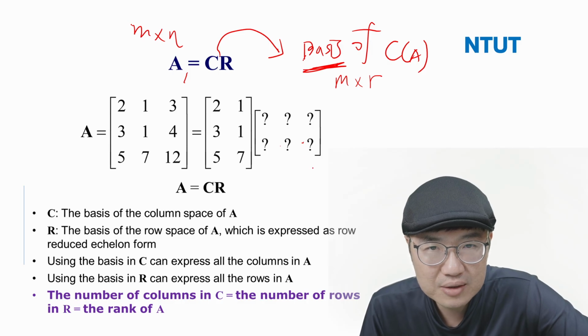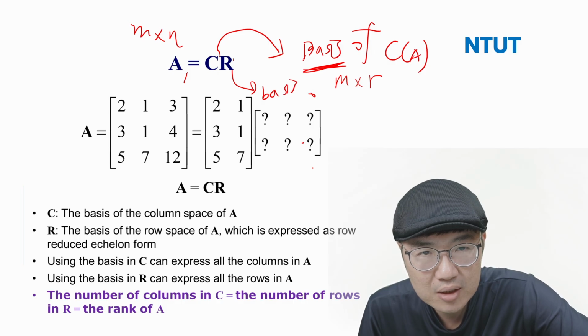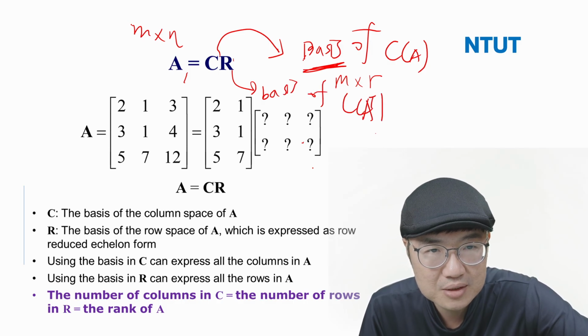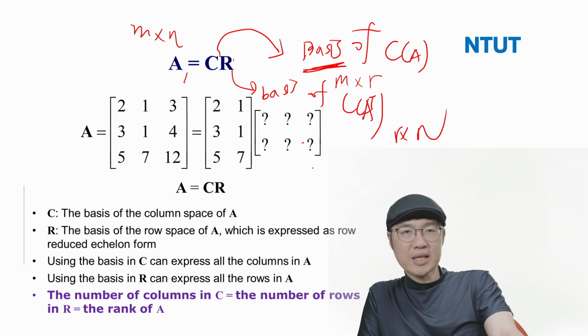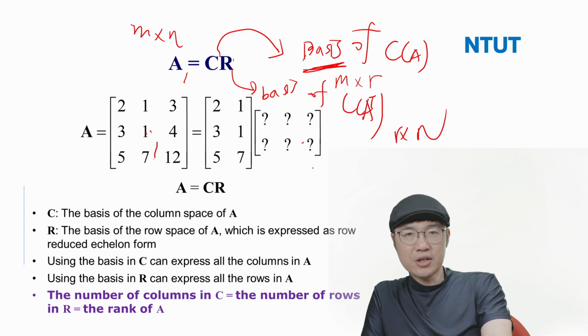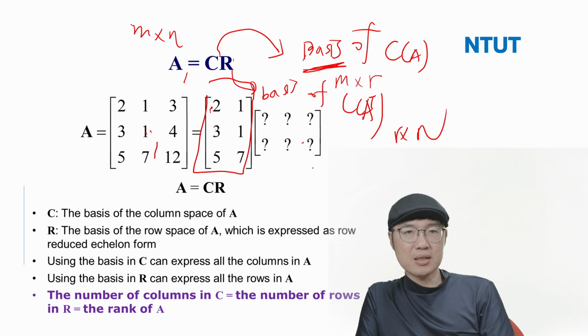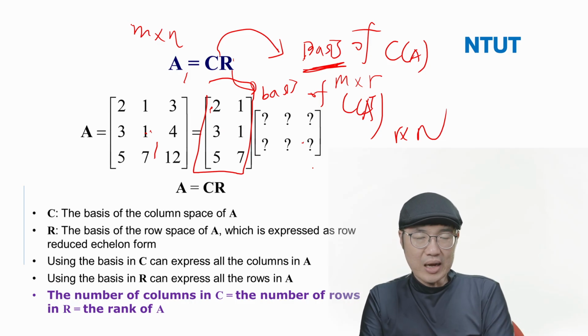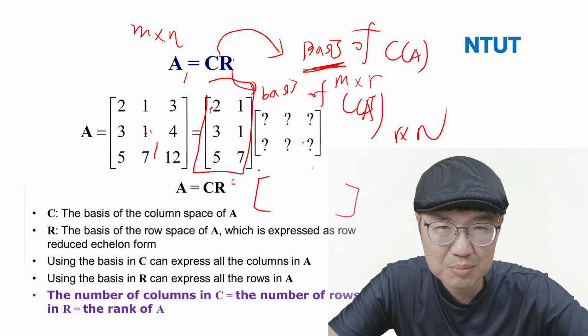And the R part contains the basis of the row space. It must be r by n. So in this case, C can tell us the basis for the column space. (2, 3, 5) and (1, 1, 7) must be the basis for the column space. How about the question marks in the second matrix? I leave them empty purposely because let's review the matrix multiplication.